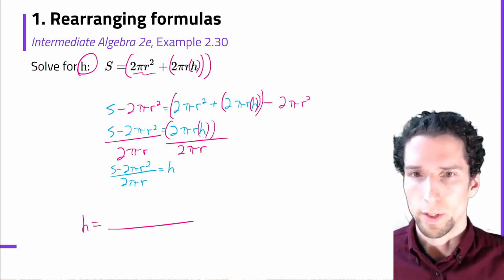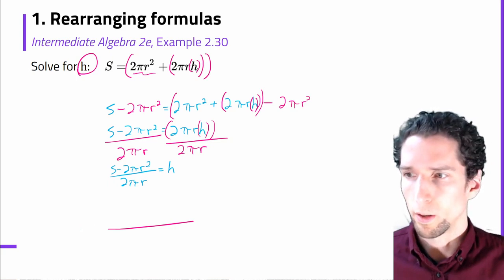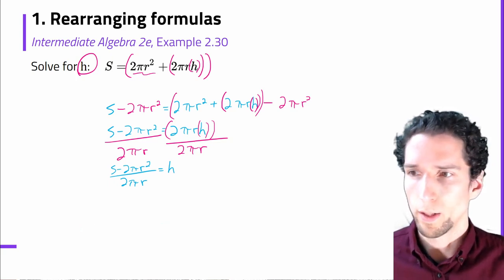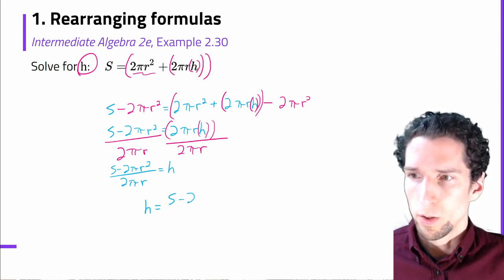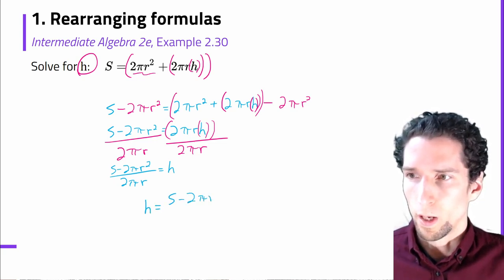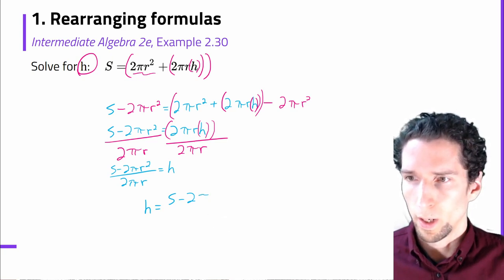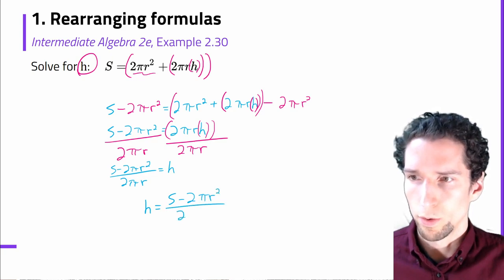And if we want to, again, make this look a little nicer, put our h on the left side, we can do that. h equals s minus 2 pi r squared over 2 pi r.